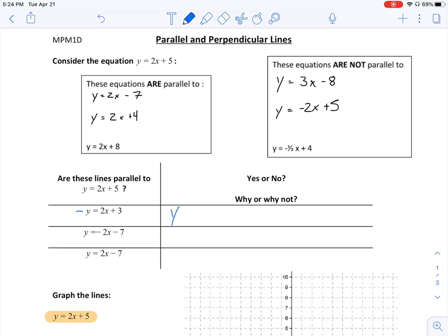Well, yes, it is. The only reason it is, is because they share something very common. They share the exact same slope. So the rate of change between y equals 2x plus 5 and y equals 2x plus 3 is the exact same. So the slope is the same.